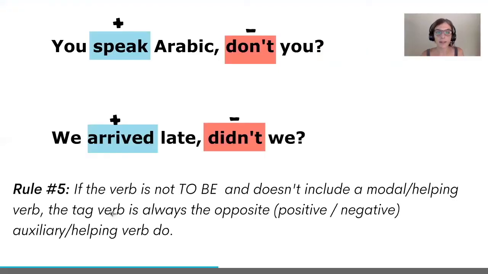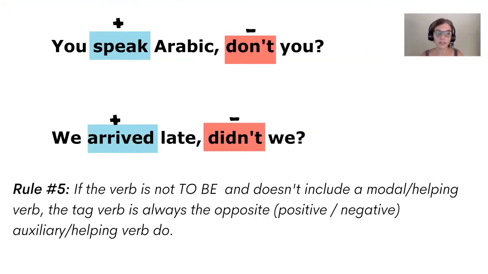This one is also a little bit tricky, but basically the rule is that if the verb is not to be, so if it's not is, are, were, etc., and it doesn't include a modal or a helping verb, and I'll get to that more in the next couple of slides, the tag verb is always the opposite, positive, negative, of the verb do.